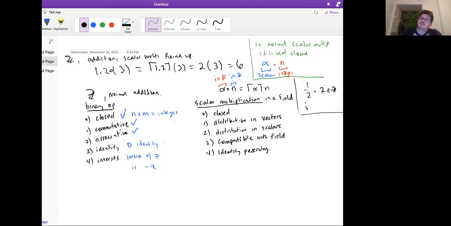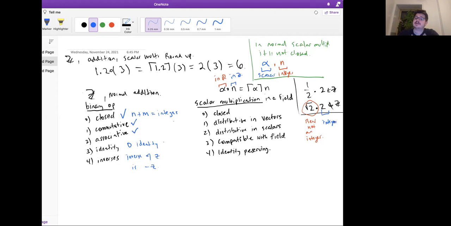So you could do radical 2 times 2, right? That's not an integer. This is a real number, and it's not an integer, and this is an integer, but the product is not an integer. Okay. So does that make sense? So with normal scalar multiplication, integers are not closed, because when you multiply by a real number, it's not necessarily going to be that you get an integer back.